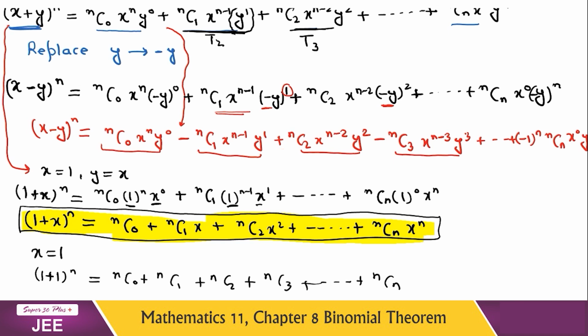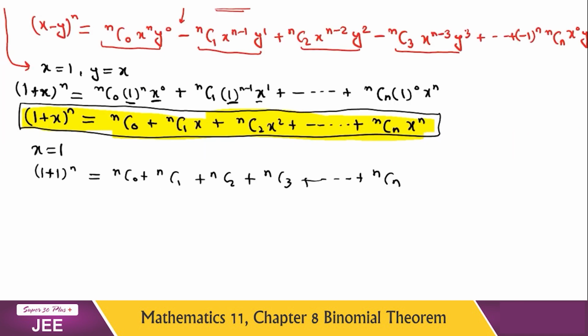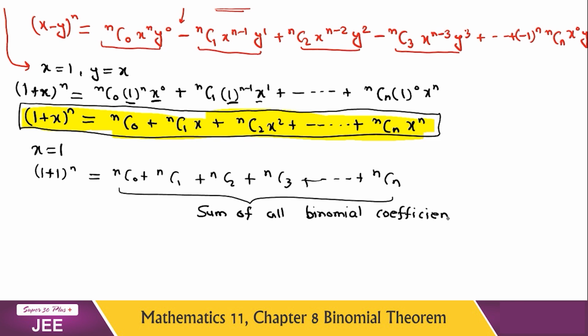So here in RHS I have written the sum of all binomial coefficients, while in LHS it becomes 2^n.